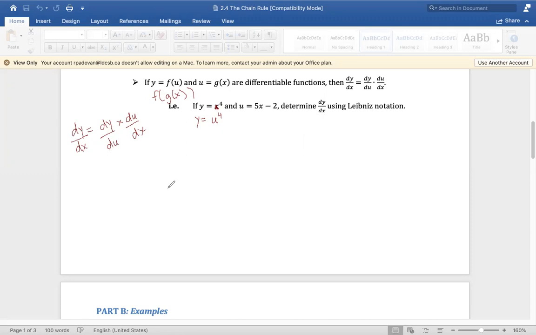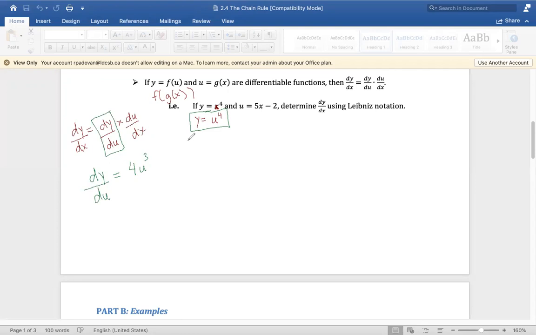We're going to look at each one separately. So let's say, just to color code here, let's do green, dy over du. So that would be this one here. We're getting the derivative of y with respect to u. So dy du, and then we'll multiply them together afterwards. To differentiate, this would be 4 in front, then u, and then 1 less on the exponent, right? 4 minus 1.